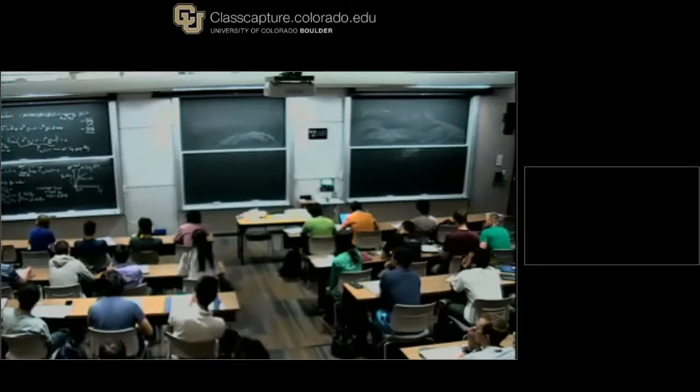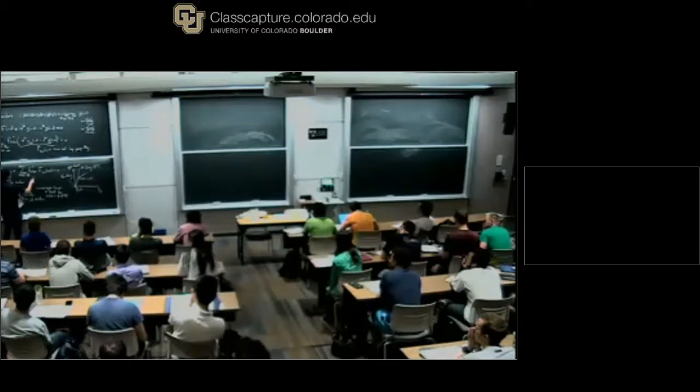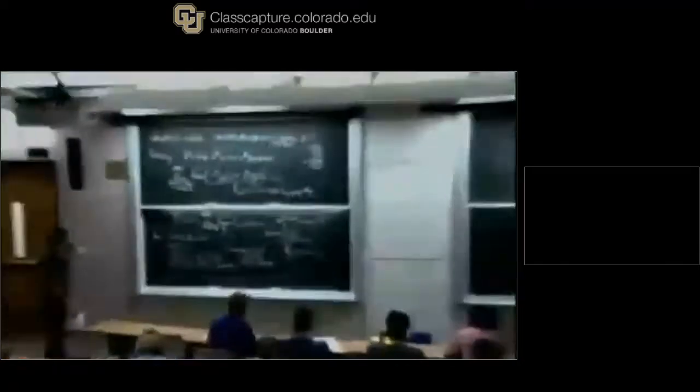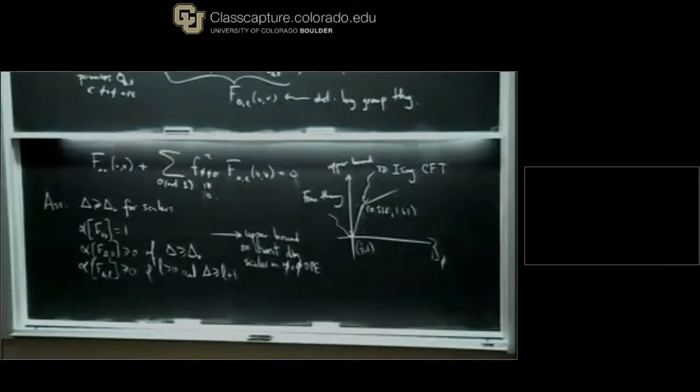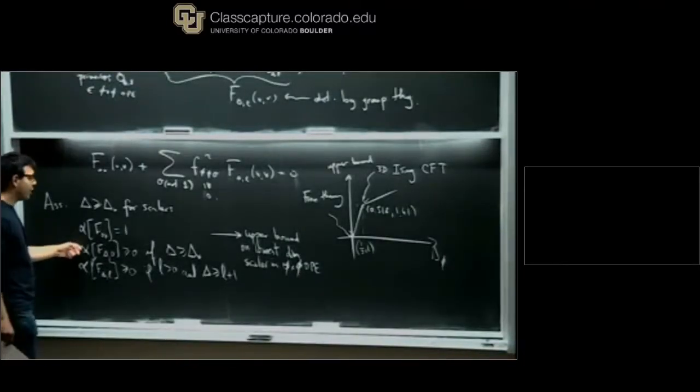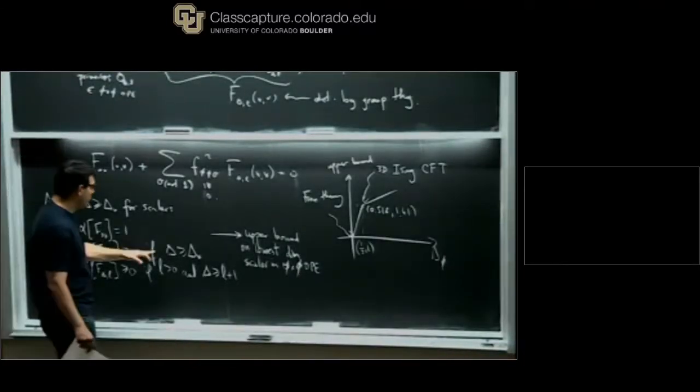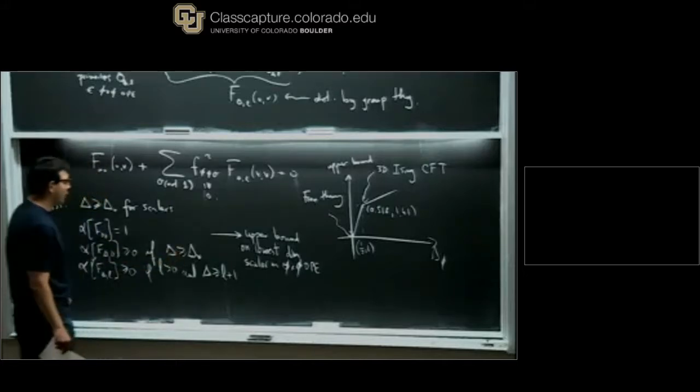If we can find such a functional, then if we apply this functional to this equation using the fact that this is positive in the unitary theory, we see that this equation cannot be obeyed. So that implies that the lowest dimension scalar appearing in the phi times phi OPE has dimension smaller than delta star.